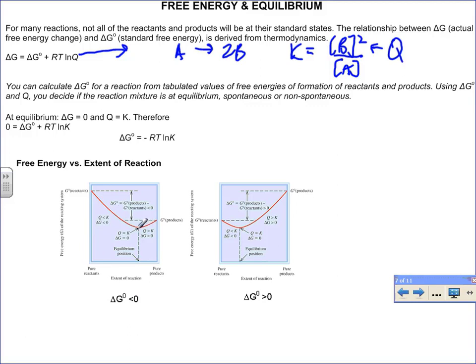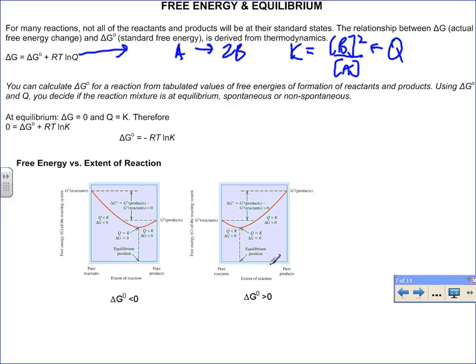This is our 0 point where Q is equal to K and we're at equilibrium when our Gibbs free energy is equal to 0. Okay, after this point here, we're not at equilibrium and Q is greater than K, so we've got more products in the system. Before this point, we've got more reactants in the system.